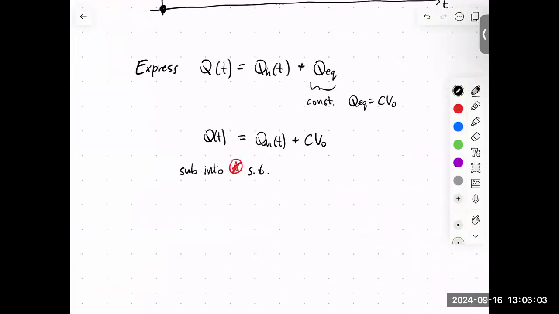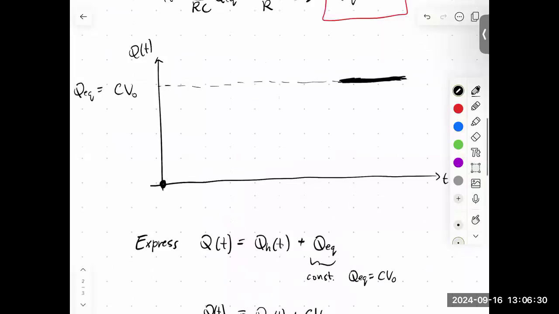What did we have? We had V naught over R equal to a derivative of the charge. So it's d by dt, a time derivative. And instead of Q, we're going to write this QH plus the equilibrium charge that we've already deduced.